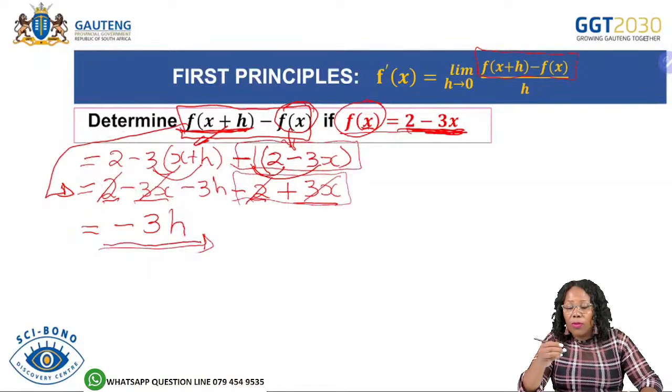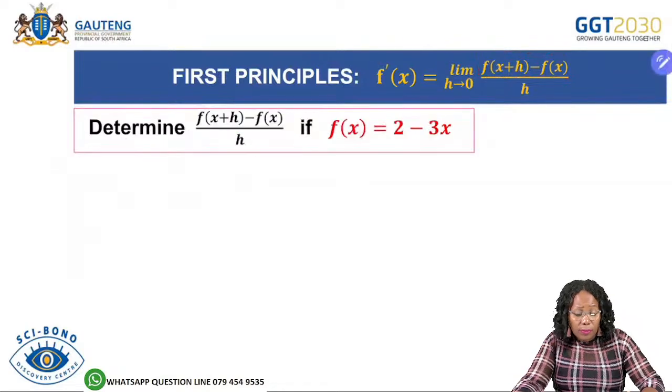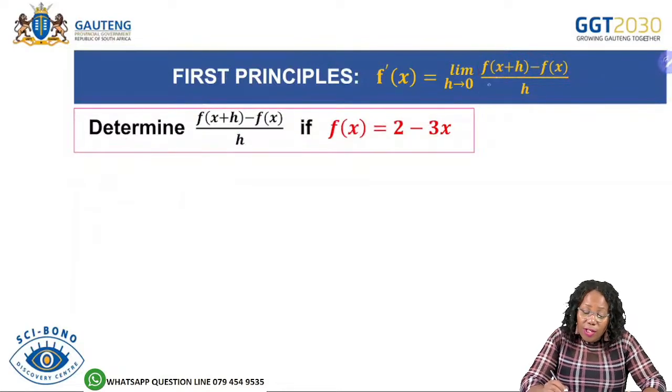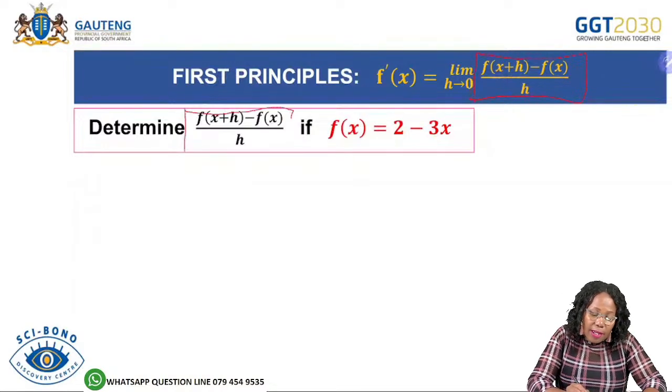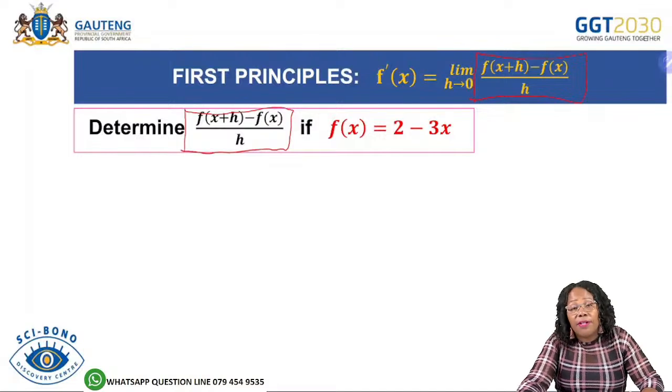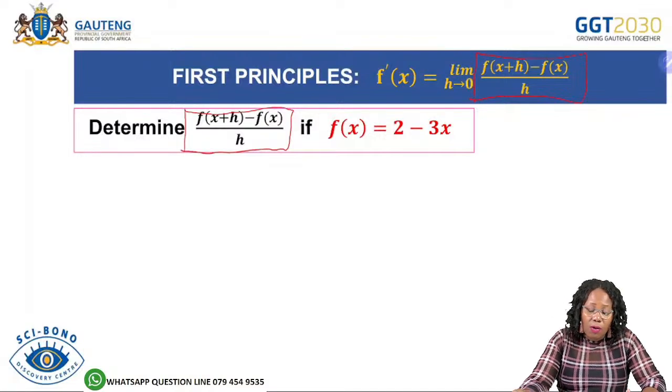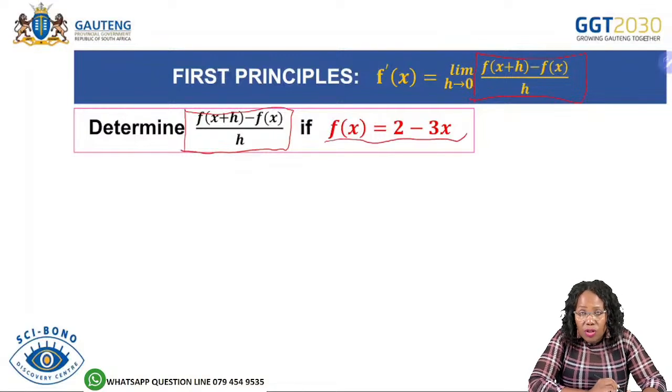Okay. Moving on. We are now taking the whole part, as you can see there, from that particular formula. We are determining f(x + h) minus f(x) over h now in the same equation.